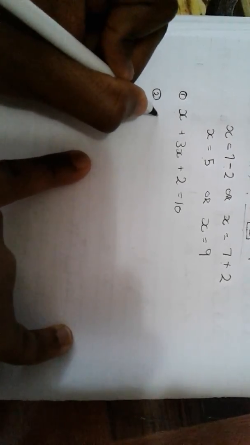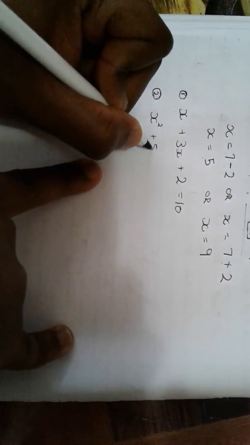The first is x plus 3x plus 2 is equal to 10. The second one will be x squared plus 8x plus 16 is equal to 0. Remember all the rules that we did.